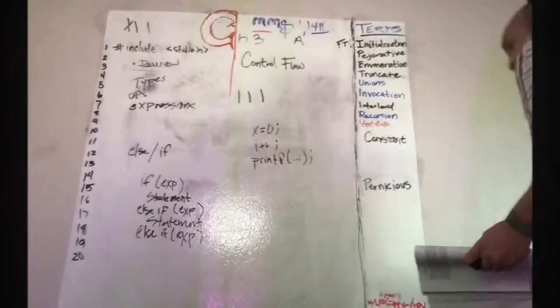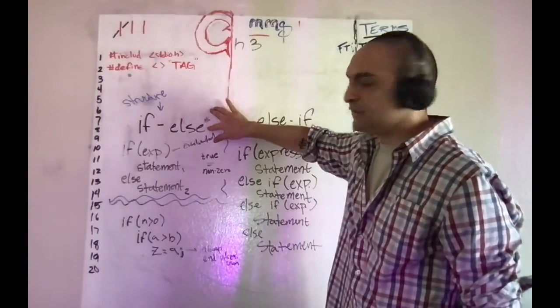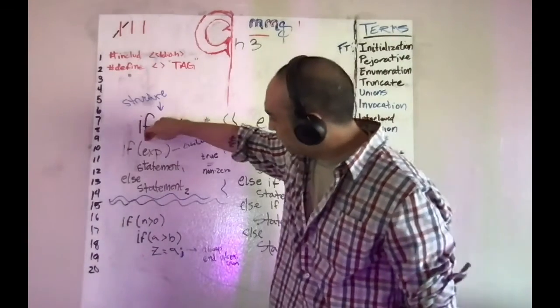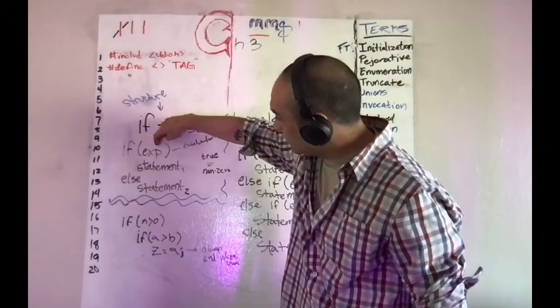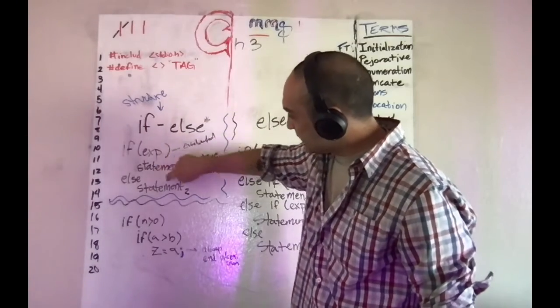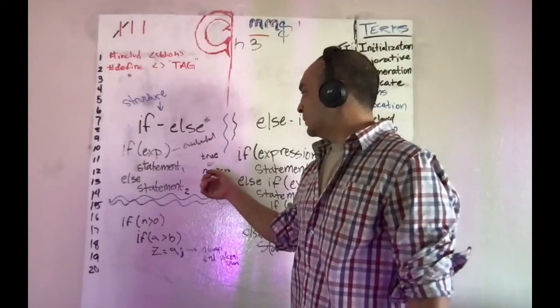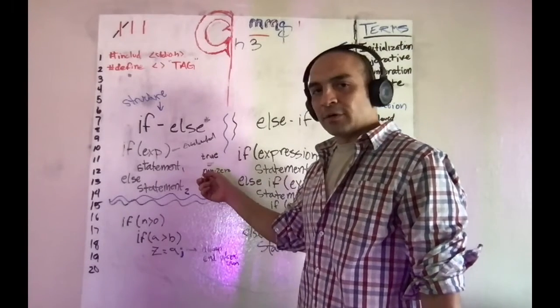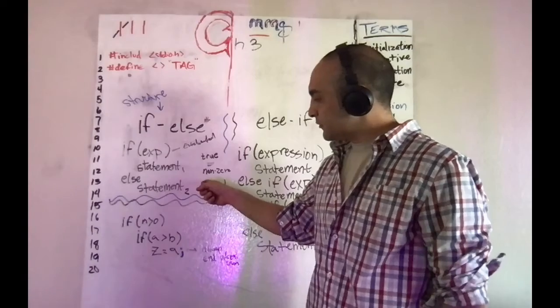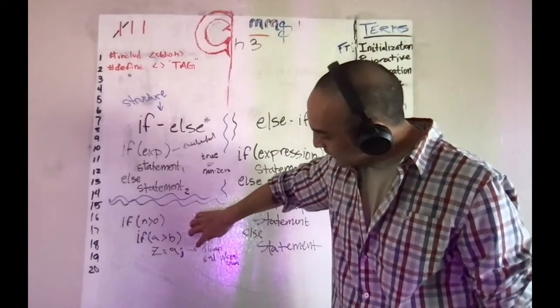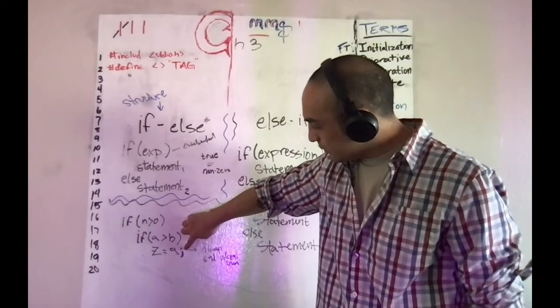Now, next section: if-else statements. The else part of the statement is optional. This is what it's structured like: you've got if, and then the expression inside, statement 1, else, statement 2. The expression is evaluated; to be true, it must be non-zero, and zero is false. All statements are always ended with a semicolon.